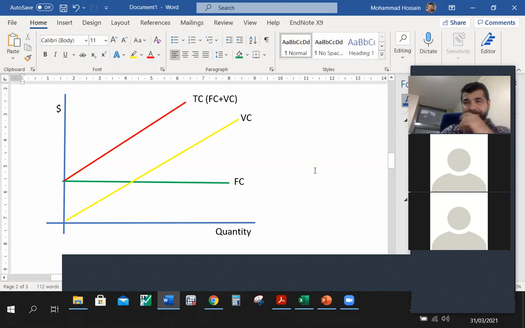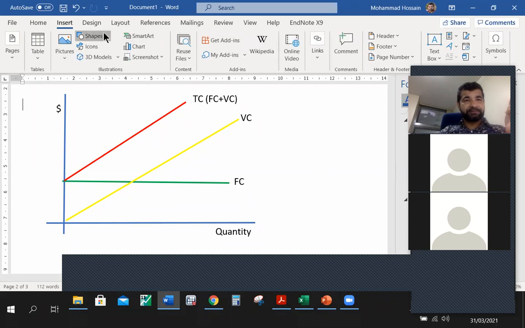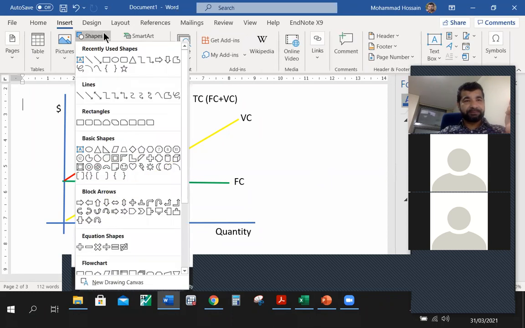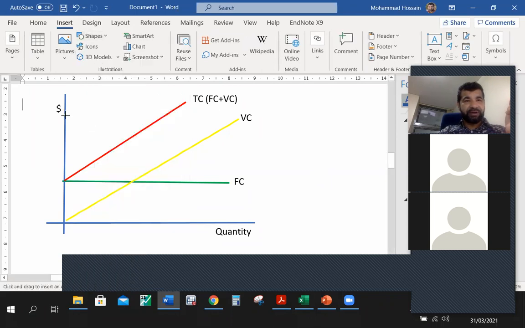Okay. Now we'll talk about average fixed cost. Average fixed cost will be sort of like this. I'll try to draw it in freehand. It will drop very sharp, then it will go like this.